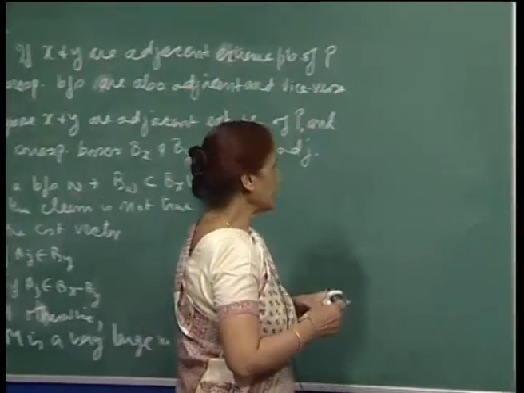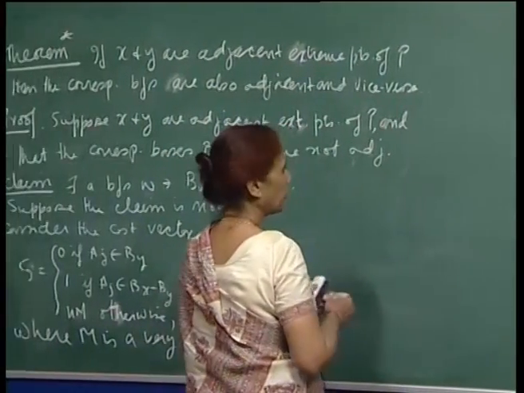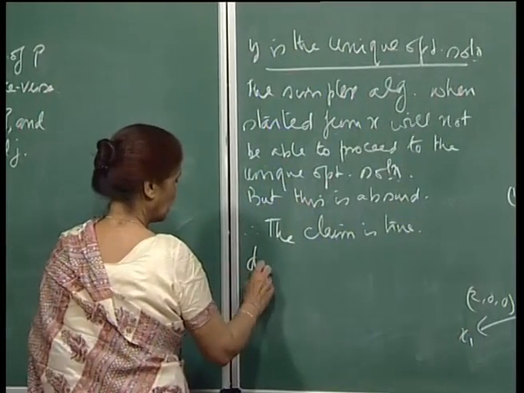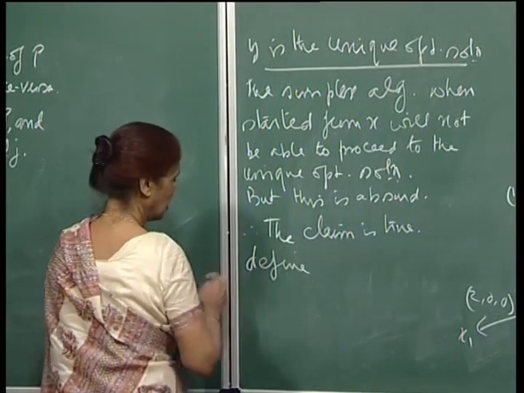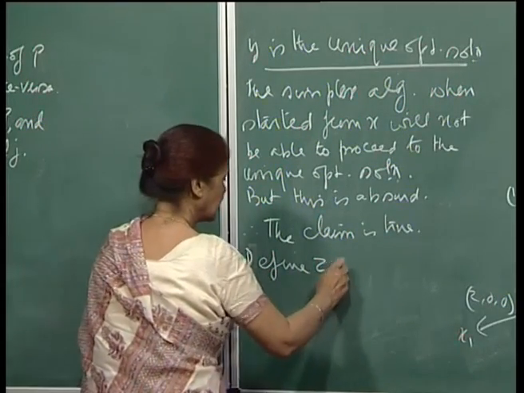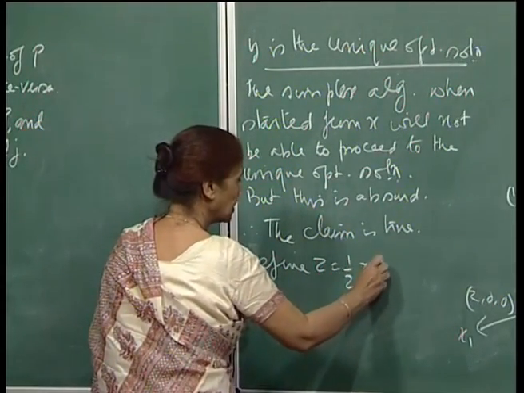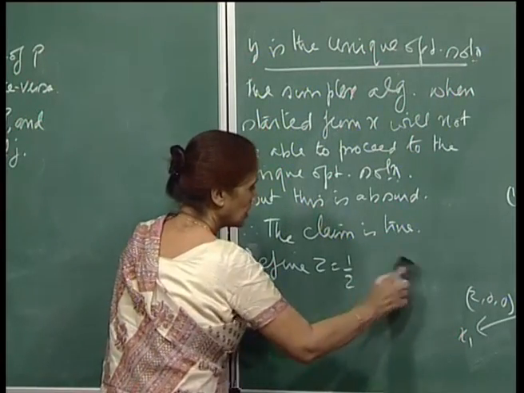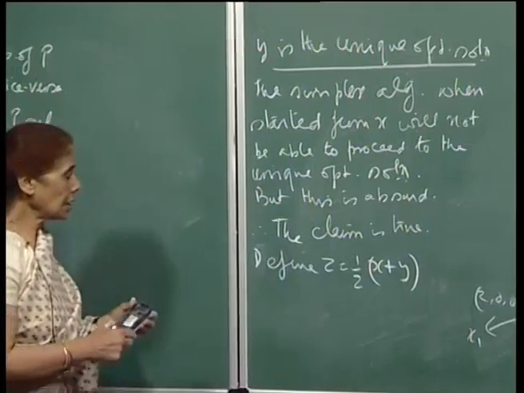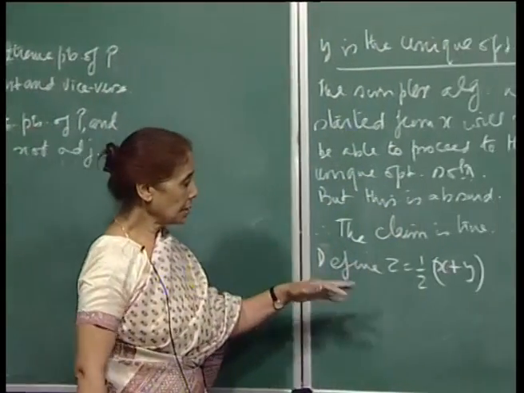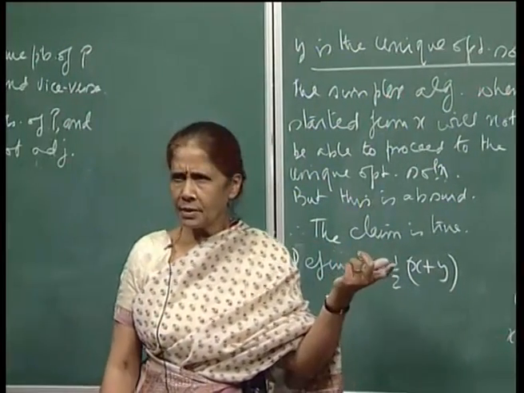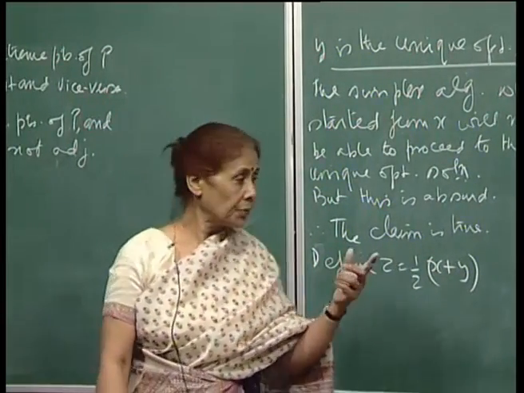Now let us define z equal to half of x plus y. Now you see, whatever the components here, z has either the x component 0, then the corresponding y component is positive.